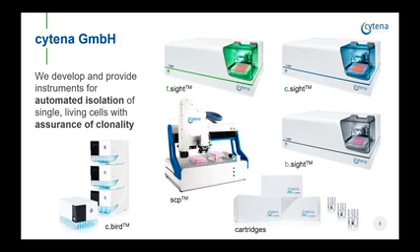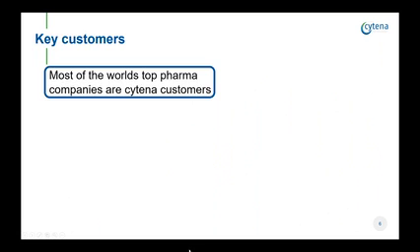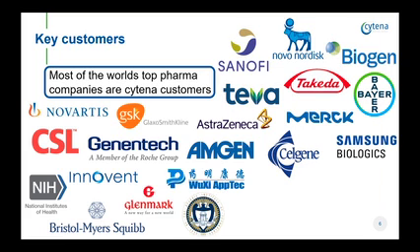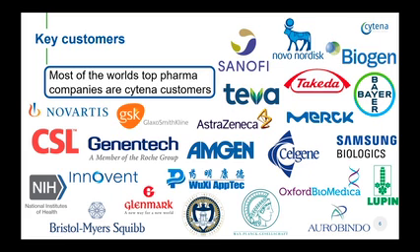And lately, we also started to ship the Seabird, a device that enables early suspension culture in 96 well plates. Most of the world's top pharma companies are CYTENA customers. And it's really exciting to see that there's a lot of very prominent companies in the pharma space, but also in academia that use our instruments to develop their cell lines.